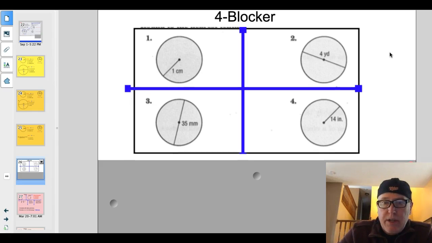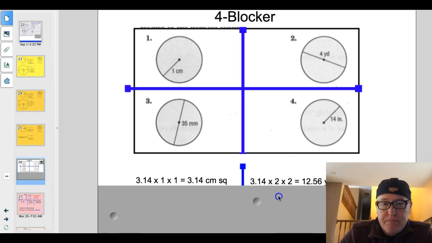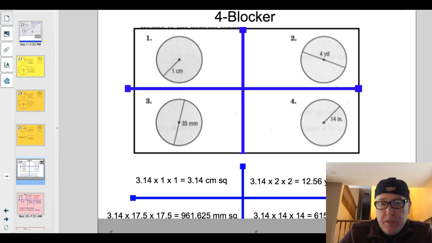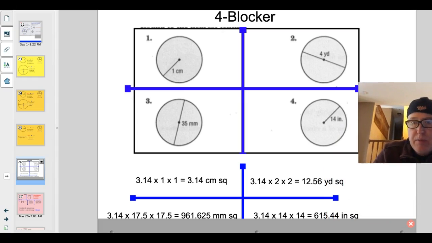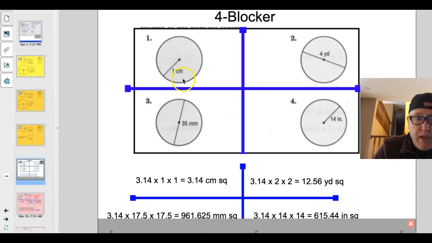Okay, let's see how you did. So this first one, I'll move myself off to the side a little bit more. First one here, radius of 1, pi r squared. That's just 3.14. Second one, we have a diameter of 4, so my radius is 2, so pi r squared, 12.56 square yards.